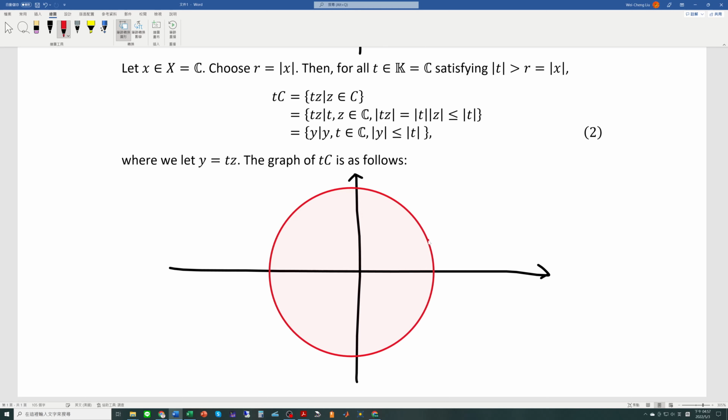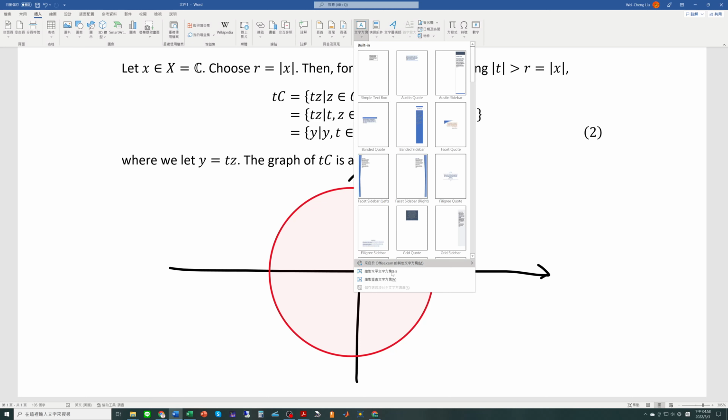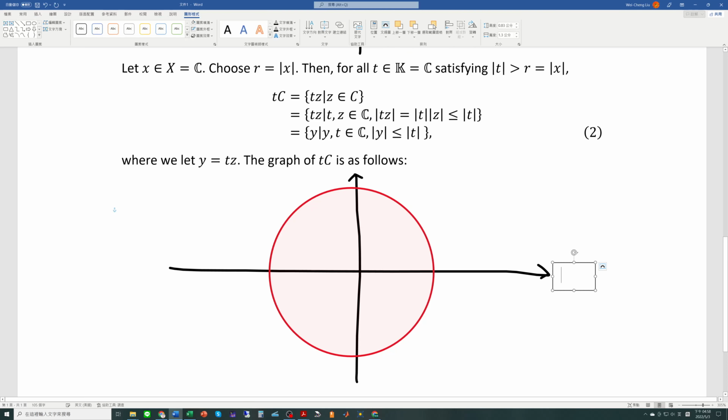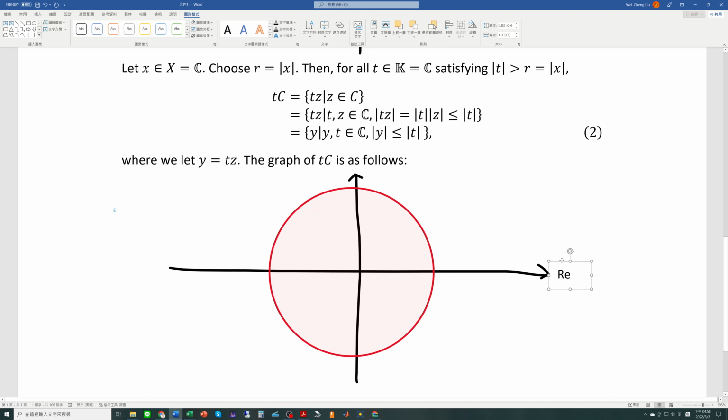Good. Delete this point. So here is the real part. Yes, real part. No fill, no frame. Good. So here is the real part, and this is the imaginary part.